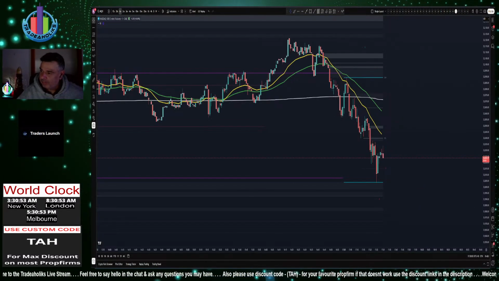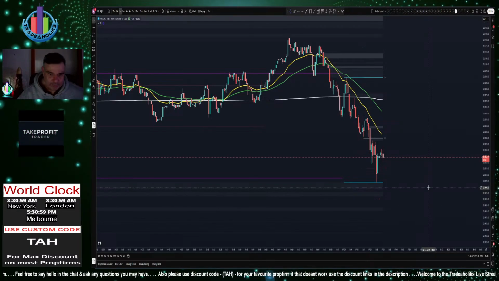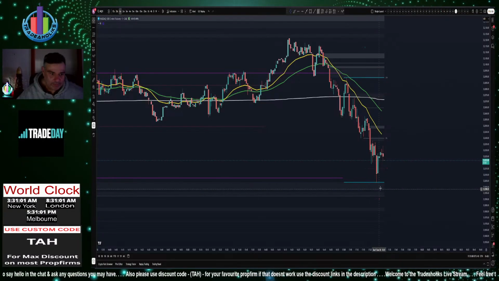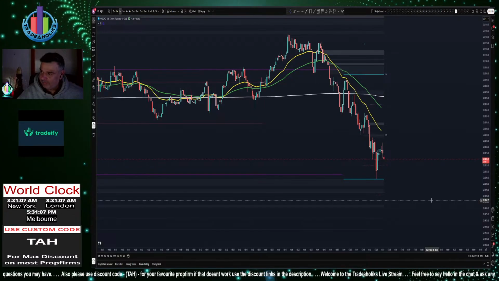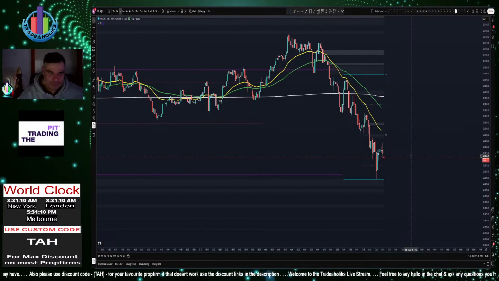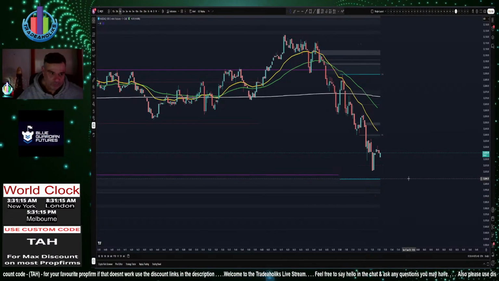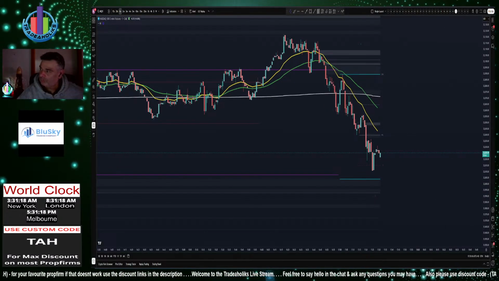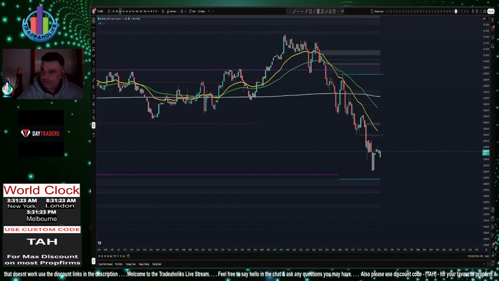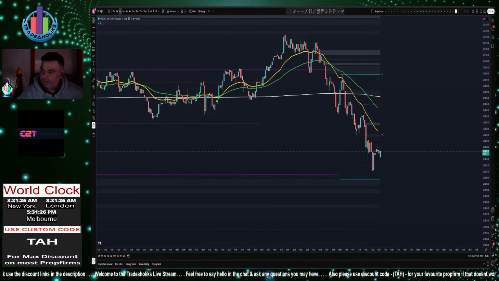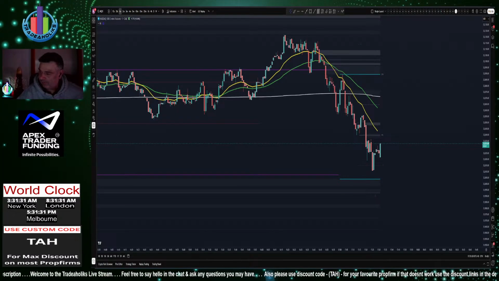What's Bookmap showing? We've got 22,000 right underneath, in the middle of that fair value gap. Mm, ES. Oh, ES is one of my targets. Nice.